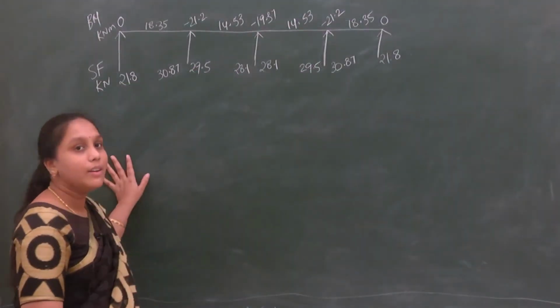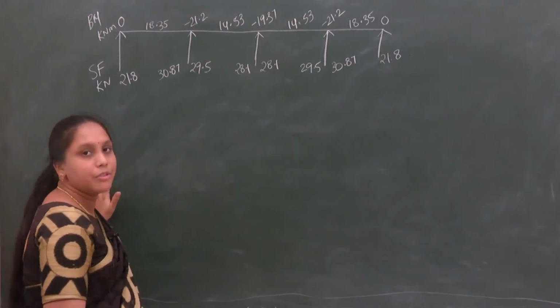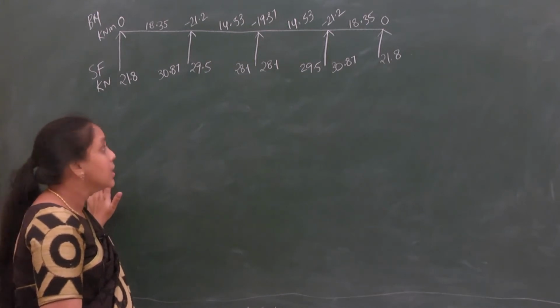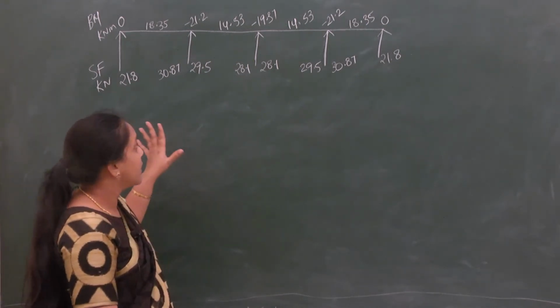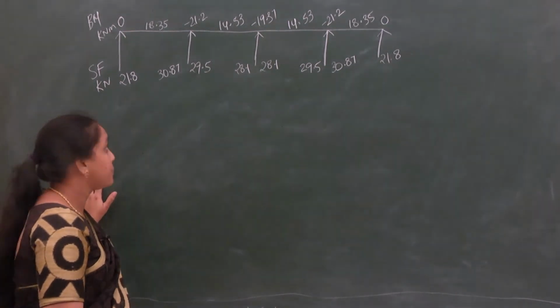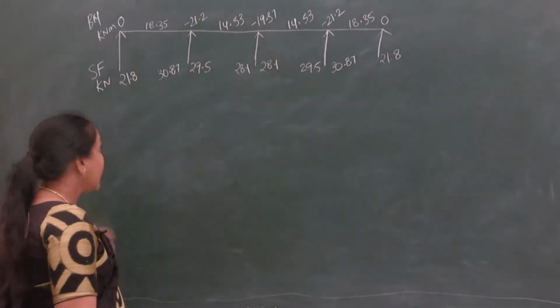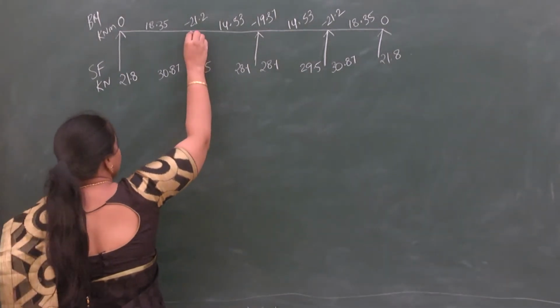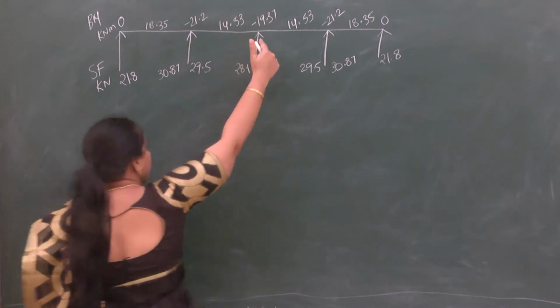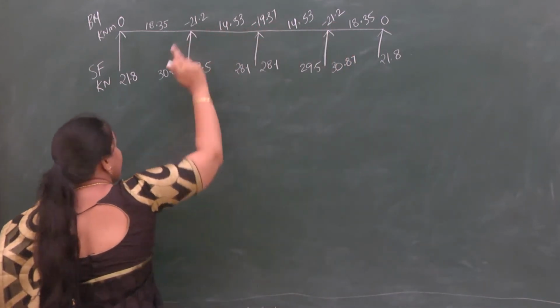Now we have calculated the bending moments and the shear force, and all of them are tabulated in the figure which is shown here. From this we can observe that at the supports the bending moment values in kilonewton meter are negative.